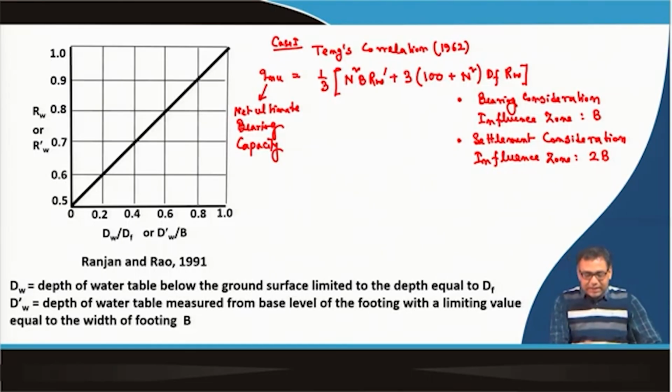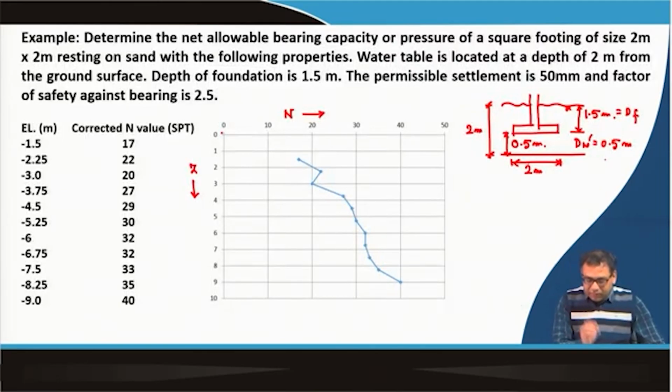Now in this case of Teng correlations, the influence zone will be B. B is 2 meter from the base of the foundation, so the influence zone will be 2 meter plus 1.5 meter, the depth of foundation, that is 3.5 meter from the surface.